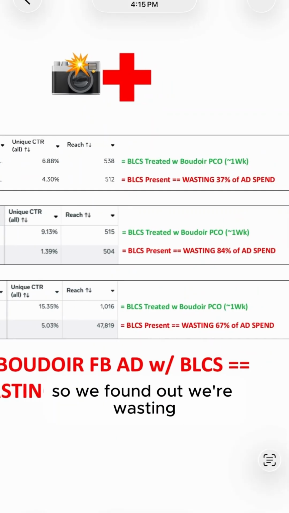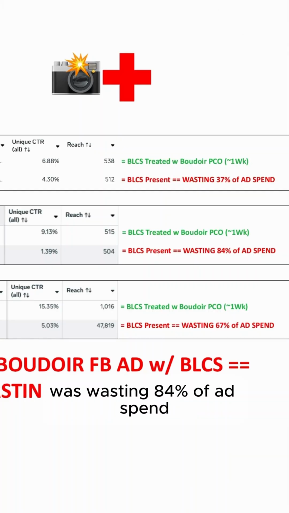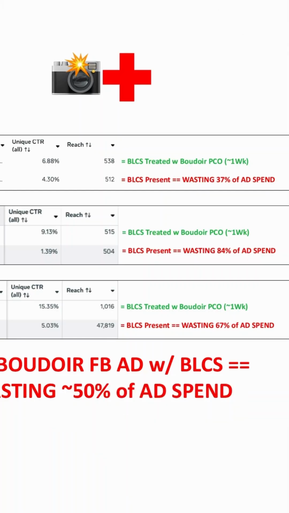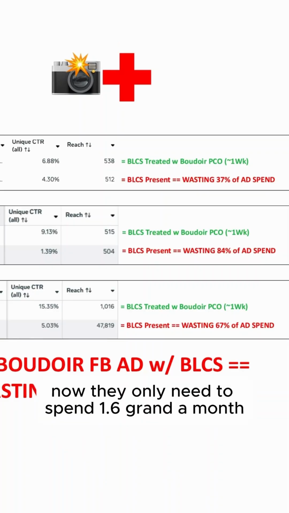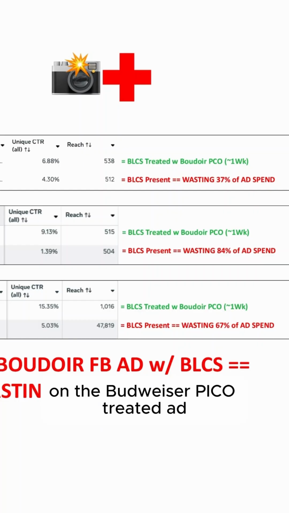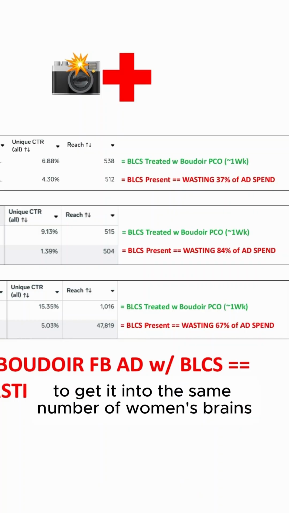So we found out the original Boudoir Facebook ad was wasting 84% of ad spend. So if they're spending 10 grand a month on the original Boudoir Facebook ad, now they only need to spend 1.6 grand a month on the Boudoir Pico treated ad to get it into the same number of women's brains.